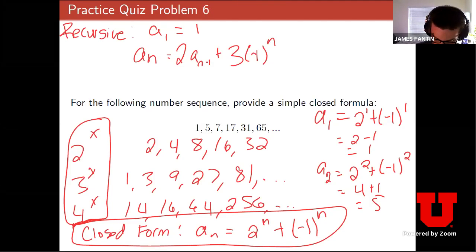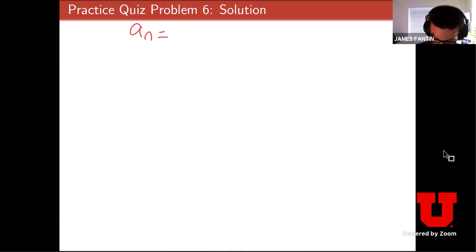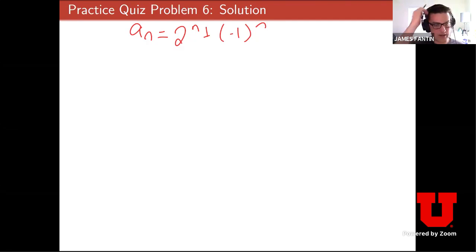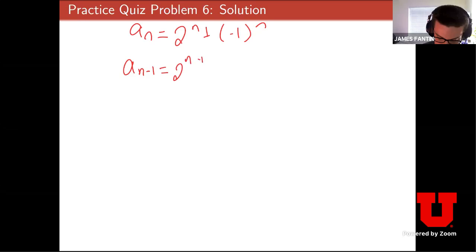The closed form is a sub n is 2 to the n plus negative 1 to the n. To find the recursive, we solve for the n minus 1 term using the closed form. That's 2 to the n minus 1 plus negative 1 to the n minus 1.